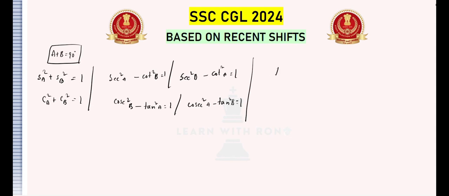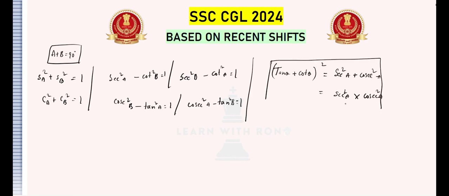And one more thing, tan theta plus cot theta whole square is nothing but, remember this, secant square a plus cosecant square a or equals secant square a multiplied with cosecant square a. Okay. Try to remember this formula, don't forget it.